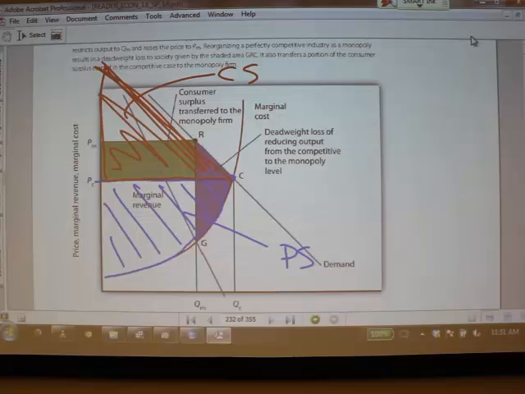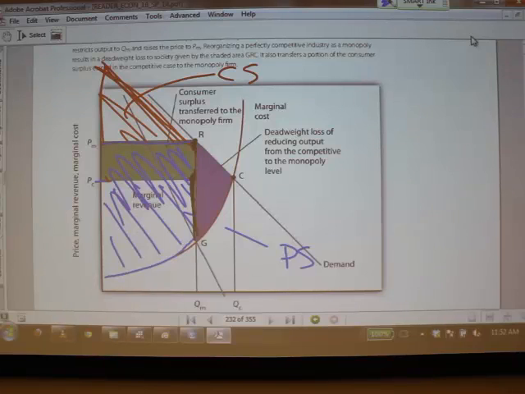But because we have a monopoly, we don't get this area here at all. No one gets that area. And not only that, but part of the consumer surplus is transferred to the producers. So this becomes part of producer surplus.